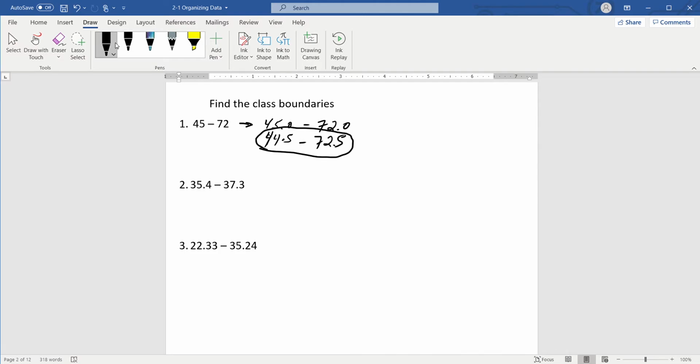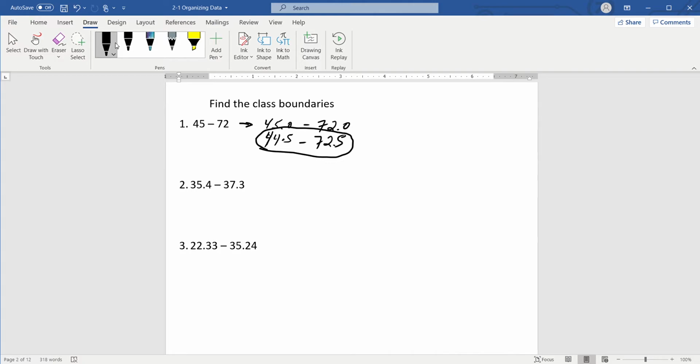Now, the boundaries, in the grand scheme of this, they are just that. They're boundary lines or boundaries. They are there to help make sure your data is separated. You go one more decimal place than what you see, because if you use the decimal places of the data you are given, you might have one of those actual values and not be able to determine where that value literally lands.